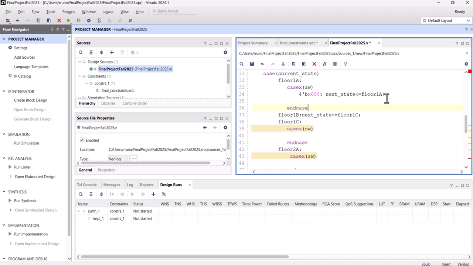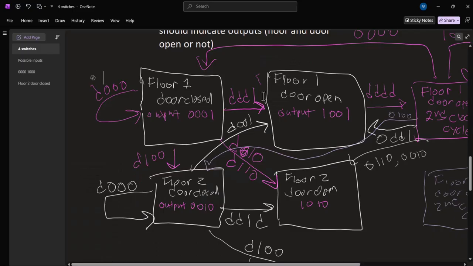Okay, so now let's see, what else did we say? We said if the first three were don't cares, but floor 1 was selected, we went to floor 1B.